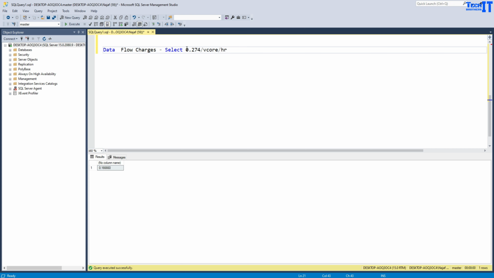Okay, so now most of the time you're going to have 8 vCores anyway with the starting. So if you run for 1 hour, what will happen?